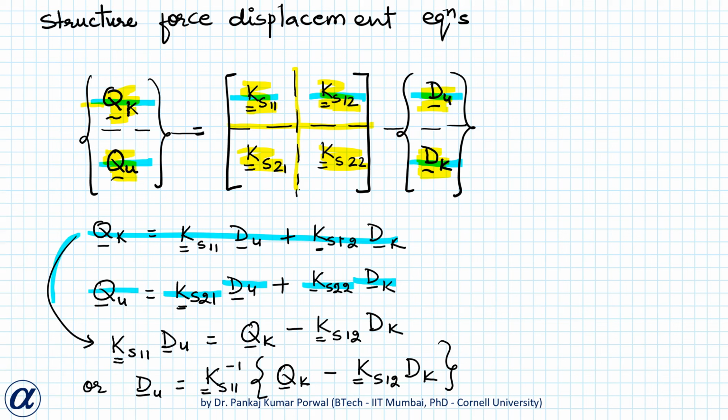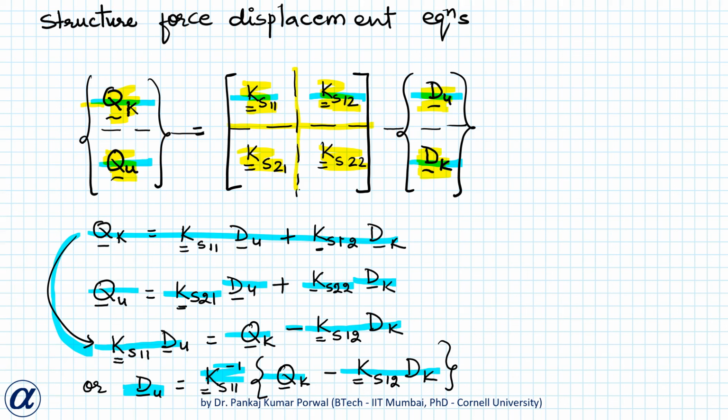Now this first equation I can rewrite as KS11 du equals Qk minus KS12 dk, and if I multiply both sides with KS11 inverse, then I'm left with du equals KS11 inverse multiplied by Qk minus KS12 dk.